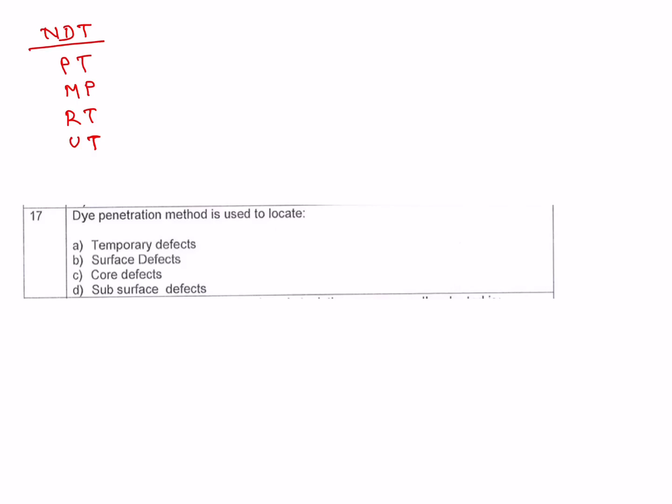Nowadays other different methods are also available. So the PT test or dye penetration method is for surface. Mainly you can reveal cracks. If surface cracks are there, then you can reveal them in the PT method. Then in the magnetic particle method, MPI, surface and subsurface also.